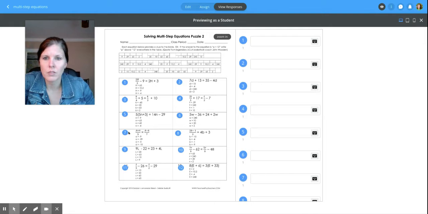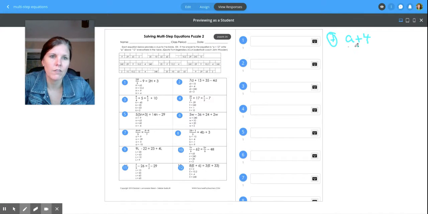So I'm gonna do number 7. Okay, so I'm gonna write here, and I know that this isn't the best. Let's go over into this corner because there's more room. Okay, so this is number 7, and the equation for 7 says (a plus 4) over 5 is equal to (a minus 6) over 7.